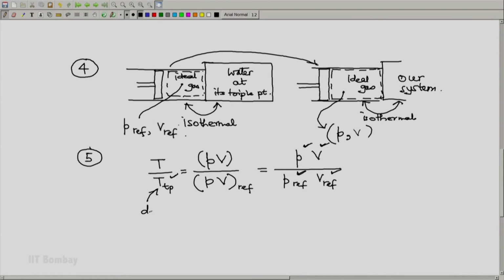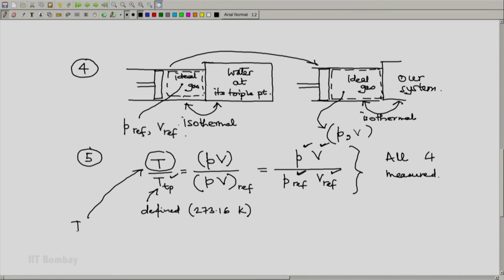So this is defined to be 273.16 K, and all 4 quantities here are measured, and the only unknown in this equation is temperature. This is the ideal gas Kelvin temperature of our system.